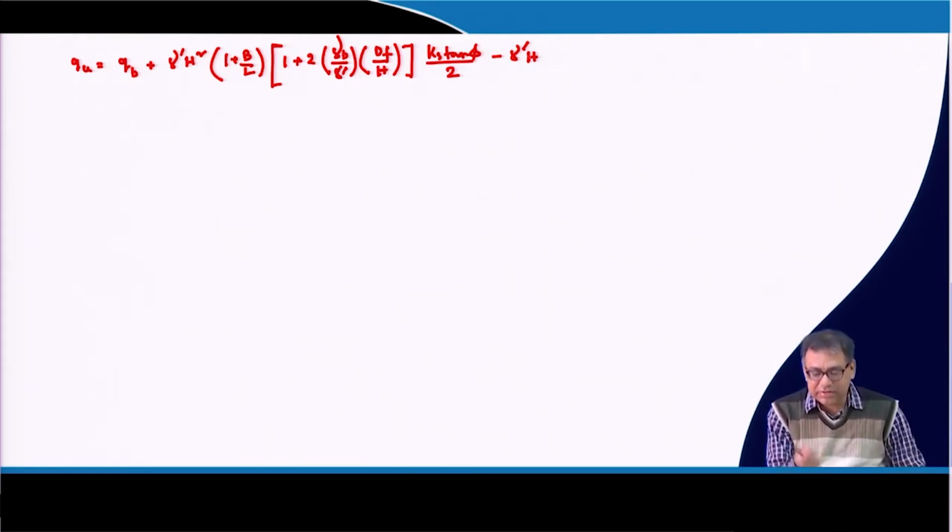So, this equation is applicable if the water table is at the base of the foundation, remember that.